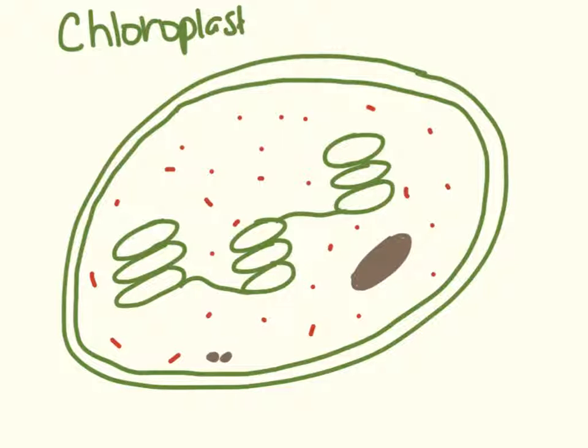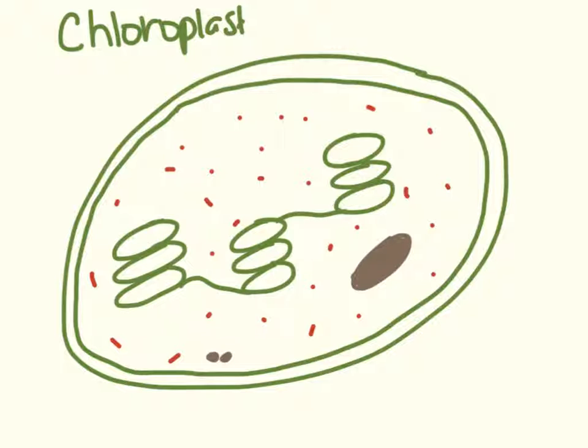That dual membrane helps to keep the required enzymes and products necessary for photosynthesis in a contained environment. Within the chloroplast, we have thylakoid membranes, which are very important because they contain the pigment chlorophyll, which is a key component in photosynthesis, in the absorption of the photons from the sun.